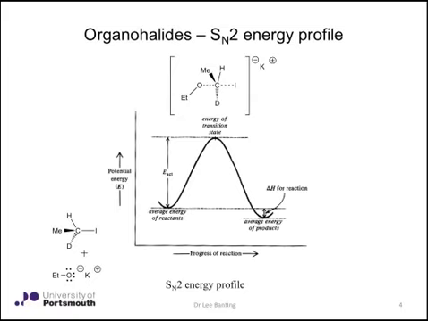Imagine from the approach of OEt to the carbon and removal of the iodine. That would be a smooth progression and therefore a smooth energy transition. And then chiral inversion results because the stereochemistry has been flipped, and potassium iodide is the product along with the ether.